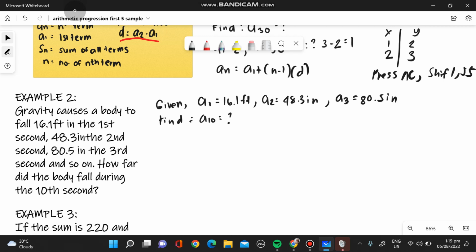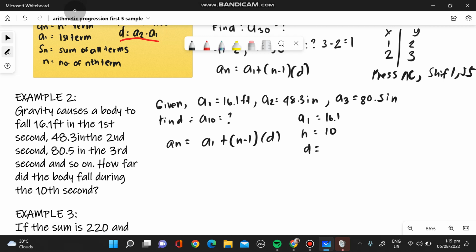The formula that we have to take note of when solving this one is the same as number 1, which is an is equals to a1 plus n minus 1 multiplied by d. So we have here a1, which is 16.1. N is equals to 10.